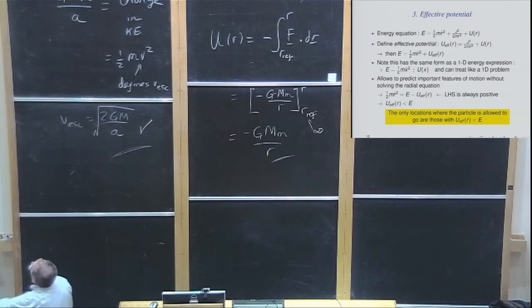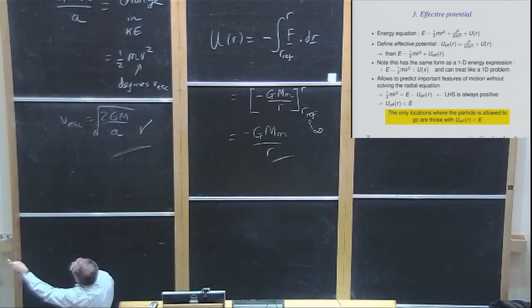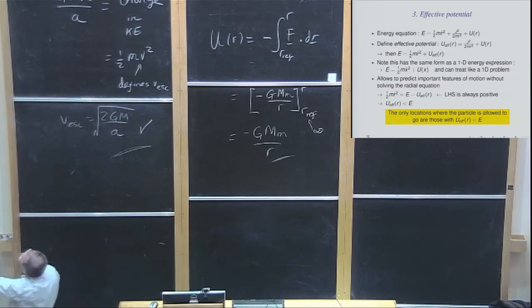And now this looks very much like, as I said earlier, a one-dimensional energy expression. And this enables us to get insight into many problems without actually solving the radial equation. So one thing we can say right away is if we take this equation and rearrange it so that we just have the radial kinetic energy term on the left-hand side, because this is a square, then we know that this always has to be greater than or equal to 0.